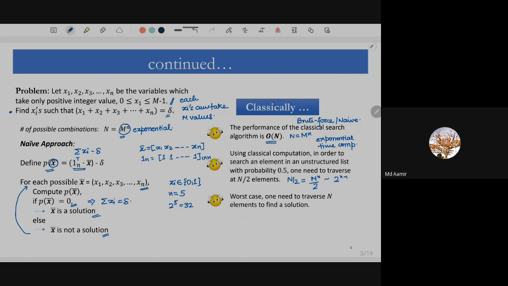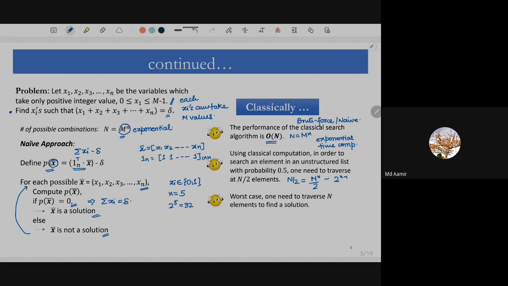So it's still exponential, so we don't have any improvement. And in the worst case, if the element is at the end of the database, or the last point of the list, then we have to traverse all n elements to find the solution.